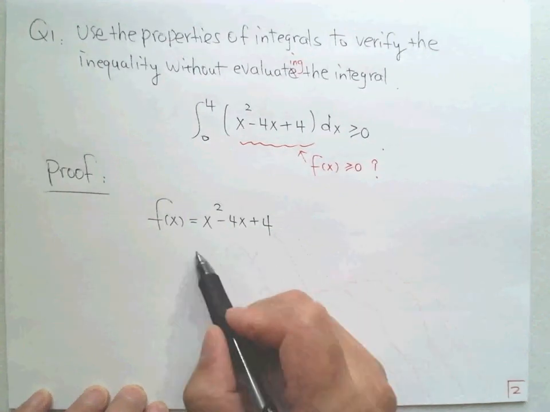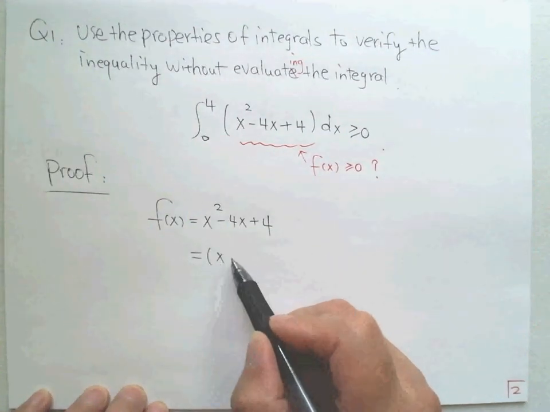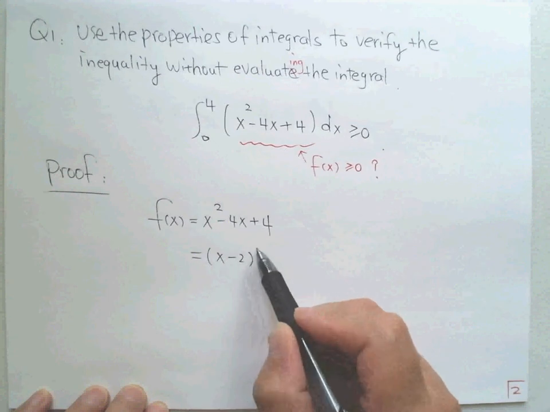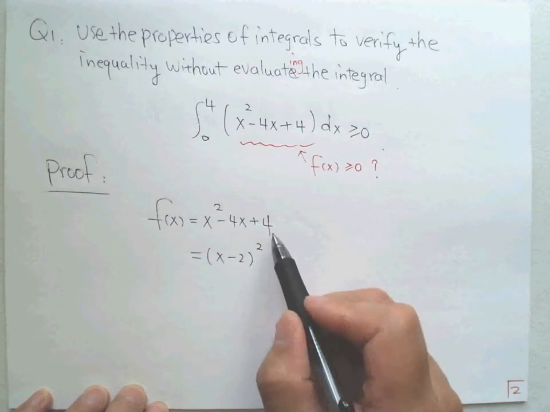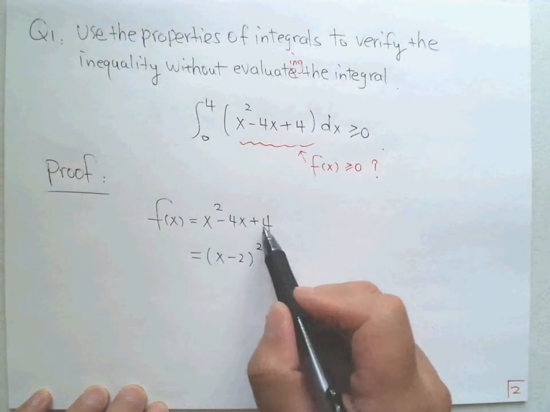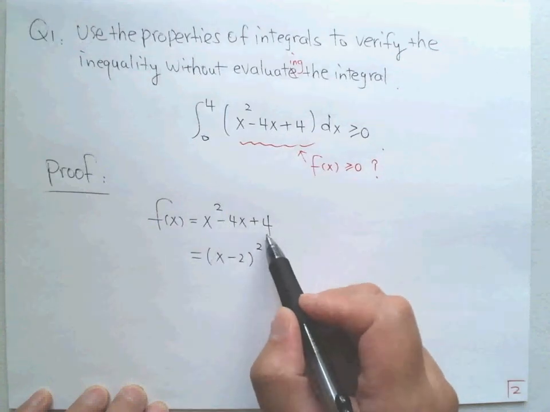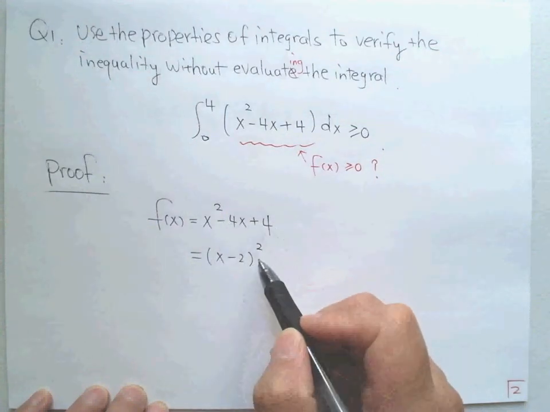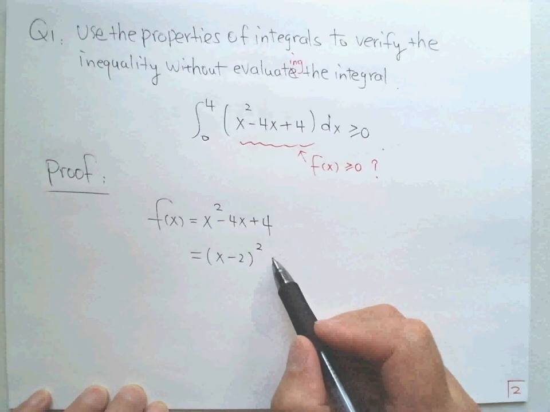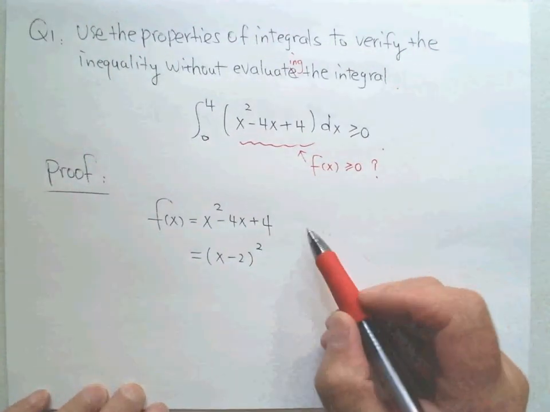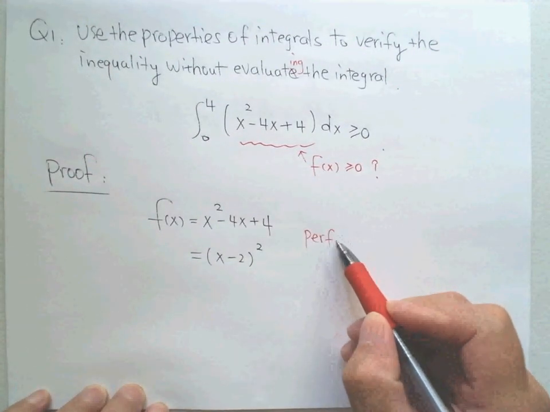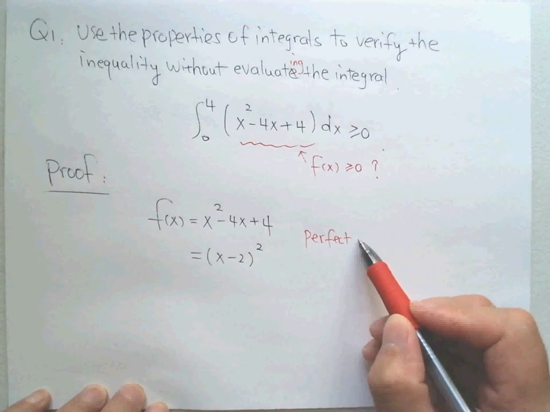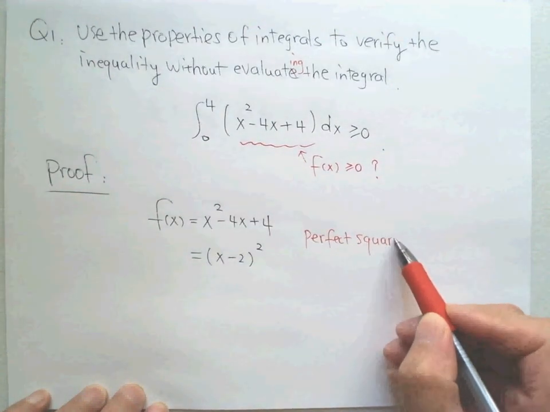See, this is a perfect square, (x minus 2) squared. If someone forgot, this is negative b, and this is b over 2, half of b, squared. Definitely this is a perfect square. Now we use the perfect square formula.